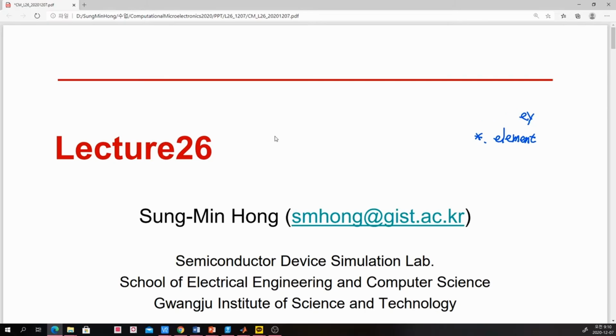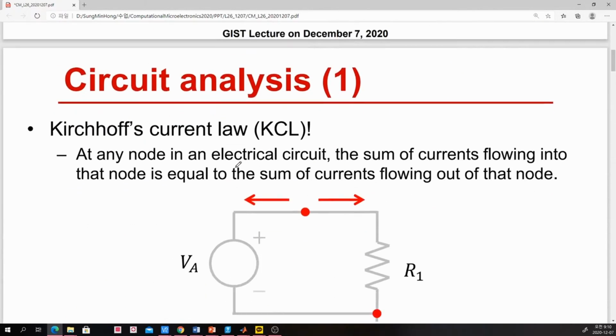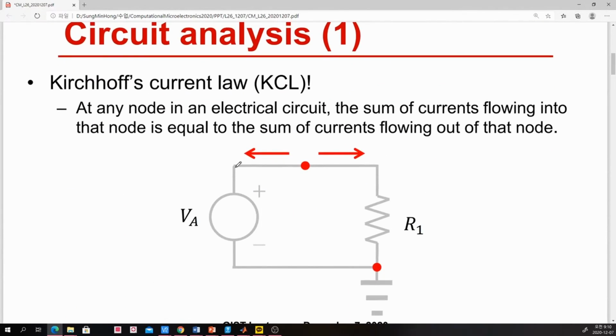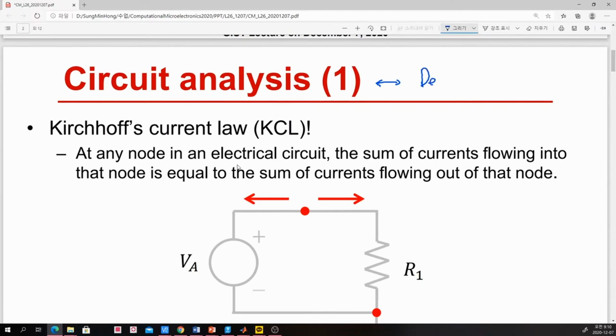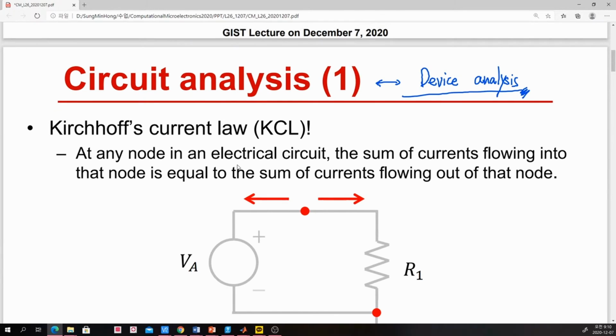The previous lecture was just devoted to the description of the circuit. Then let's go to the circuit analysis. What is the governing equation of circuit analysis? I can ask you the same question: what is the governing equation of our device analysis, for example? You can now answer that: the drift-diffusion equation.